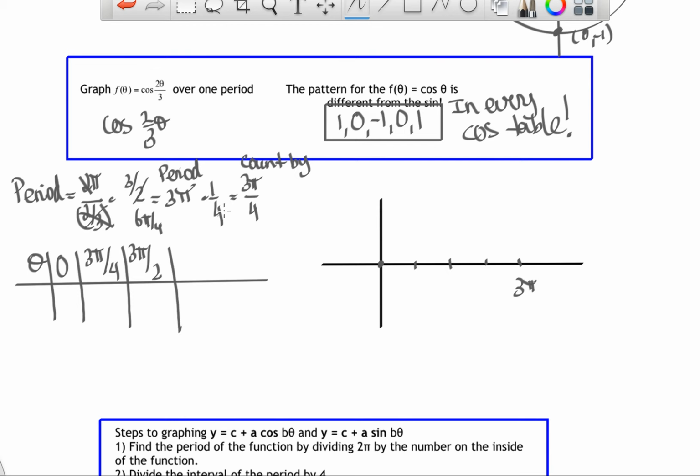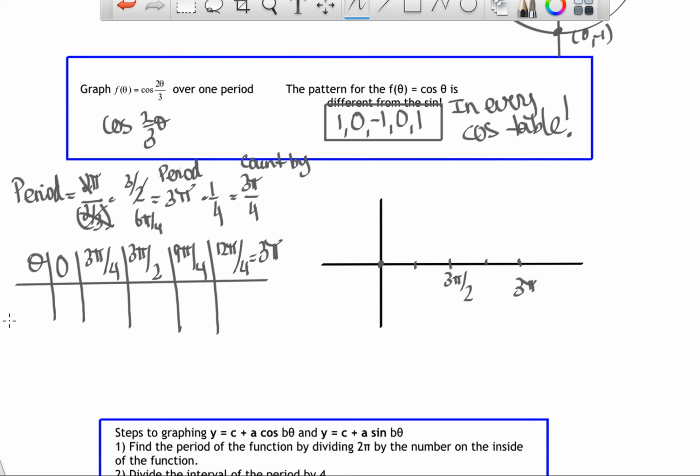And 6 plus 3 pi over 4 is 9 pi over 4, which does not reduce. And then 9 plus 3 is 12 pi over 4, and that should be the end. So 12 divided by 4 is 3 pi. So it worked. Okay. You often run out of room on these things, so you don't have to label every point. So I'm just going to label the first. Well, I didn't even label the first, but that's clearly the origin. Then that's the middle, and then that's the end.